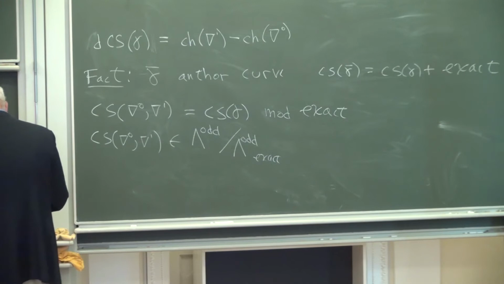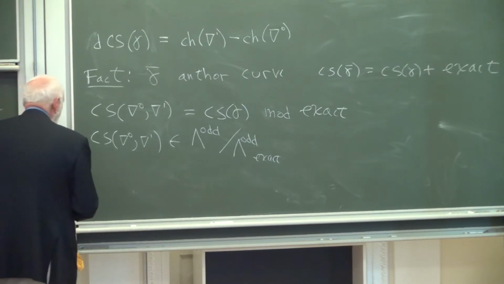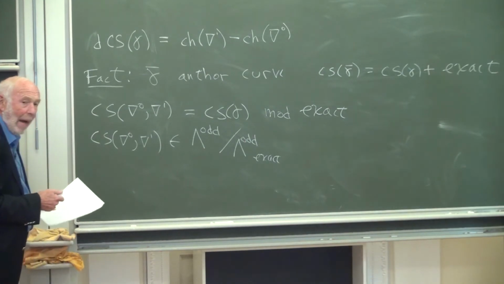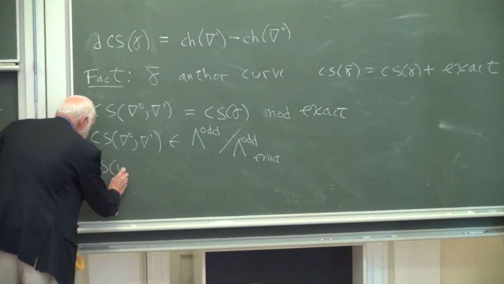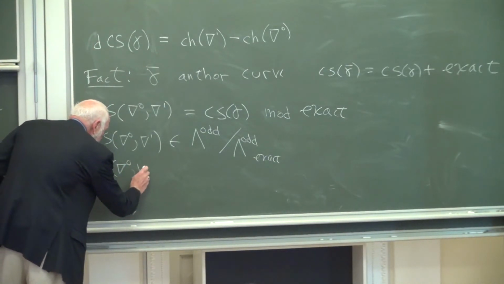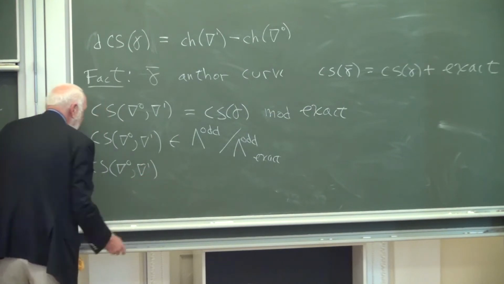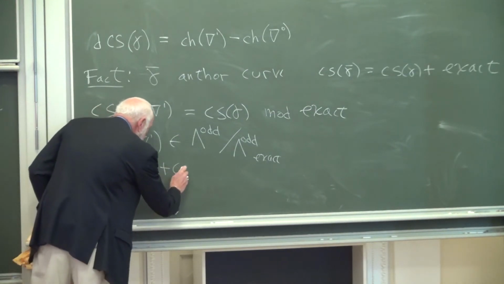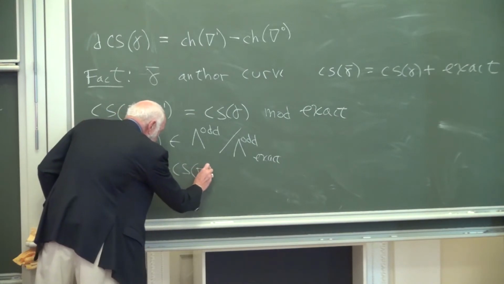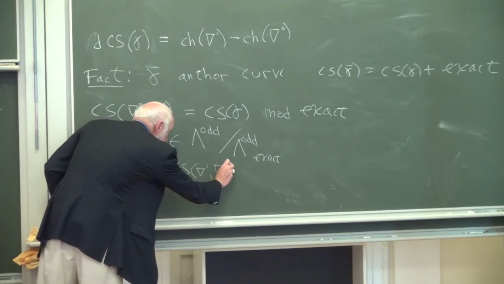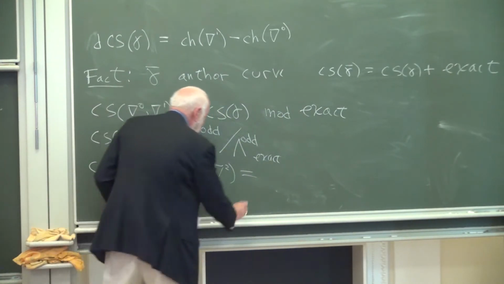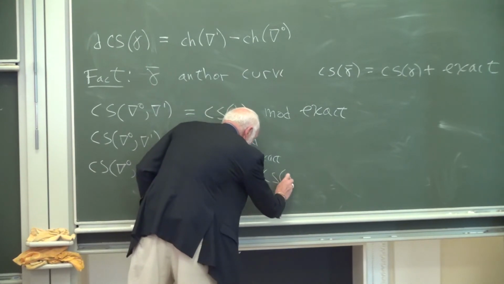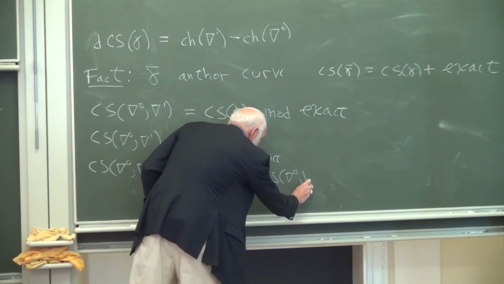So that's well-defined. And here's a nice fact, another fact about it, that if I take CS of delta 0, delta 1, and I add that to CS of delta 1, delta 2, that is actually equal, remember, working mod exact, to CS of delta 0, delta 2.